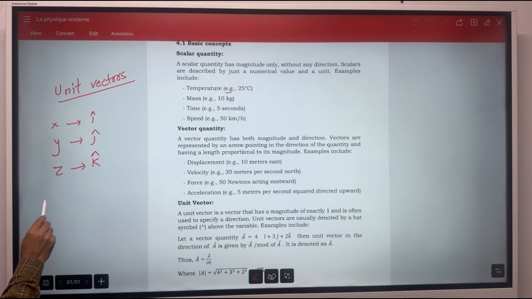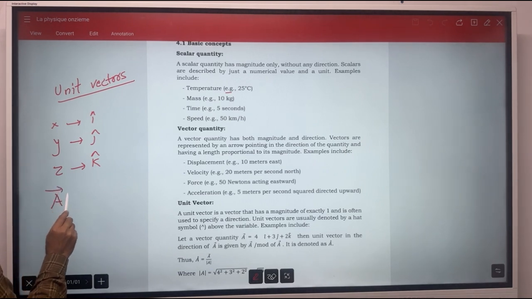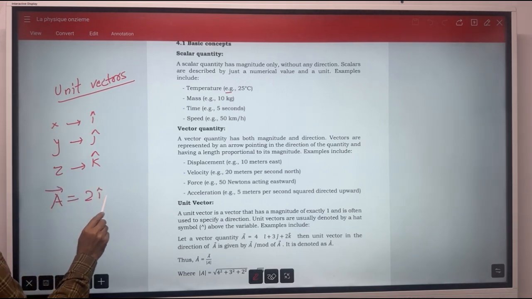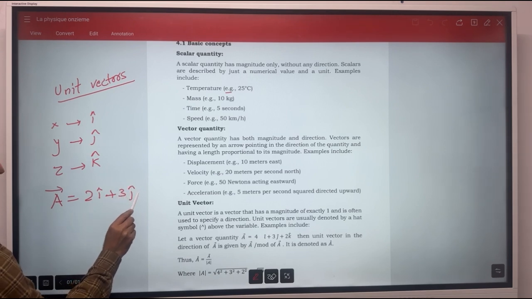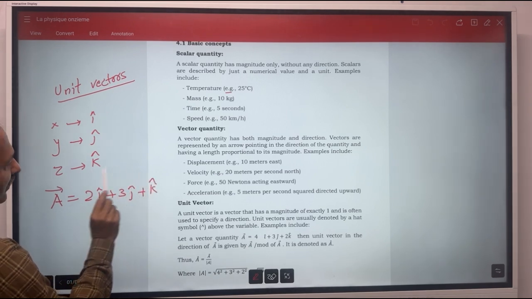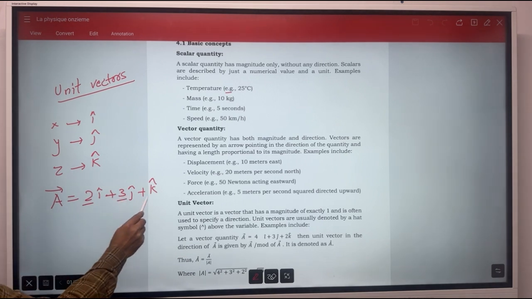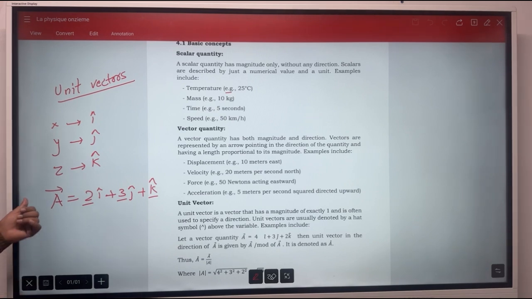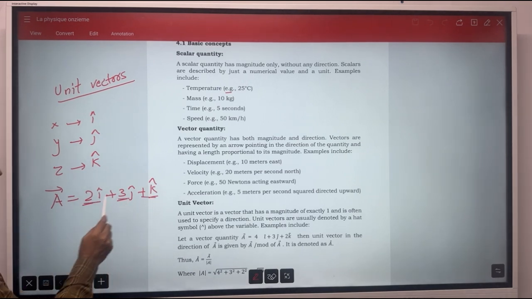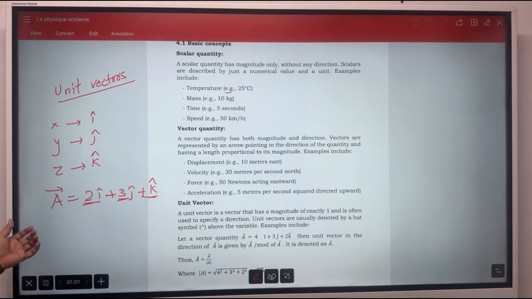Suppose we write vector A as 2i cap plus 3j cap plus k cap. Here the components of the vector are 2 units along the x-axis, 3 units along the y-axis and 1 unit along the z-axis. So any vector has components along the x-axis, y-axis and z-axis.